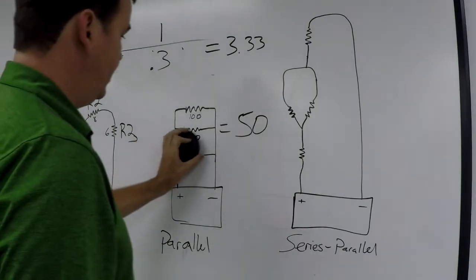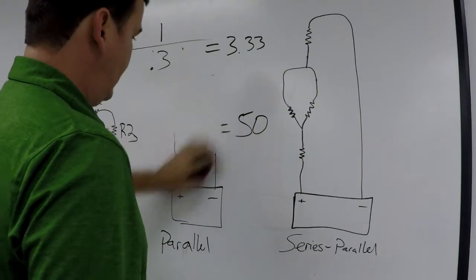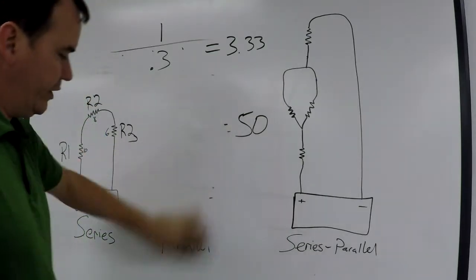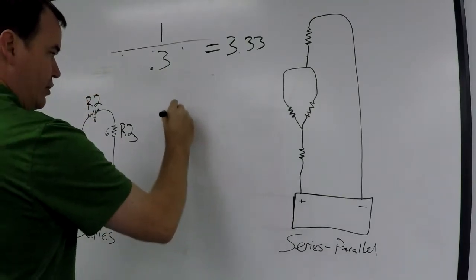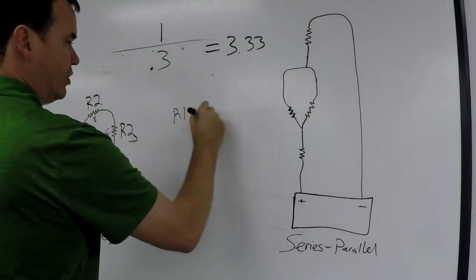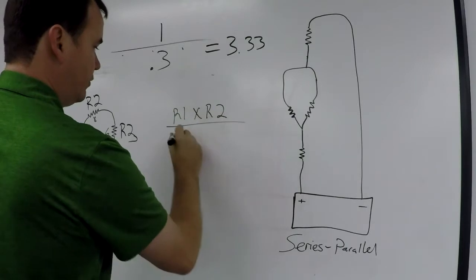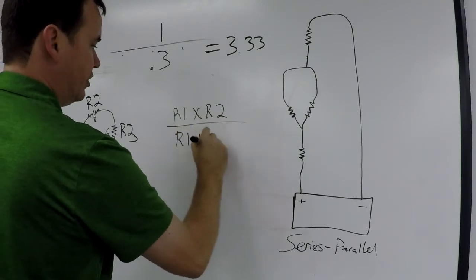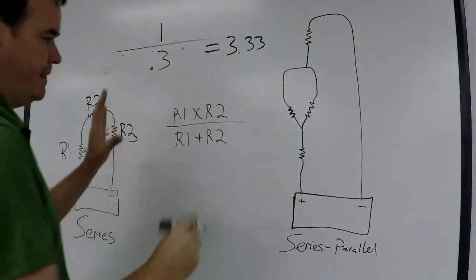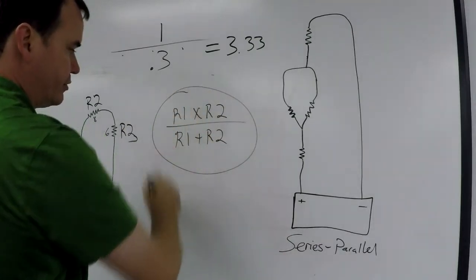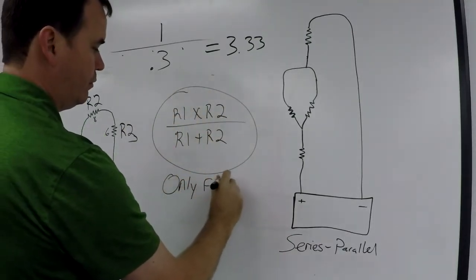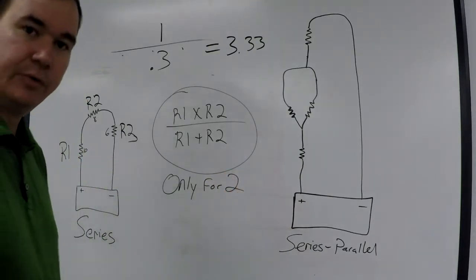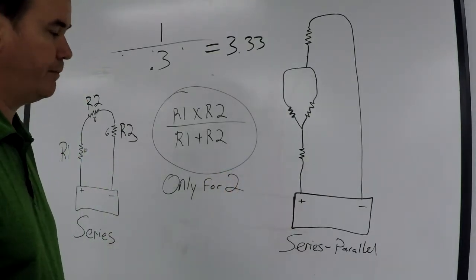If you have only 2, there's another little formula you can use that is just R1 times R2 over R1 plus R2. This only works for 2 resistors. If you do any more, it won't work.